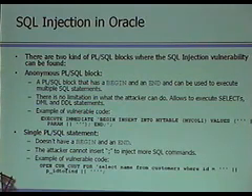For example, here is a code vulnerable to SQL injection in an anonymous PL/SQL block. You can see there is a BEGIN and an END. It is dynamically generated PL/SQL code.